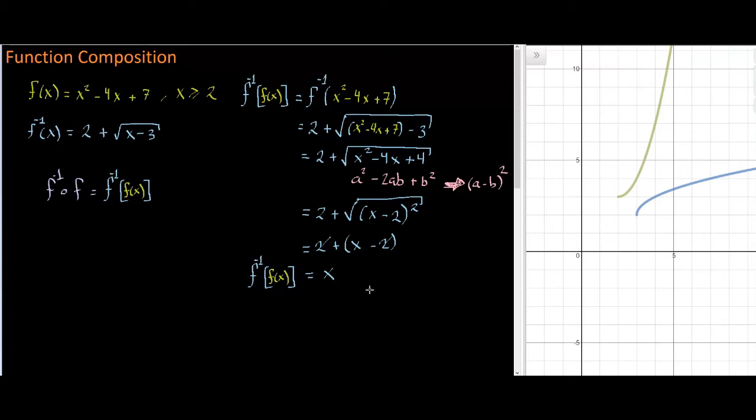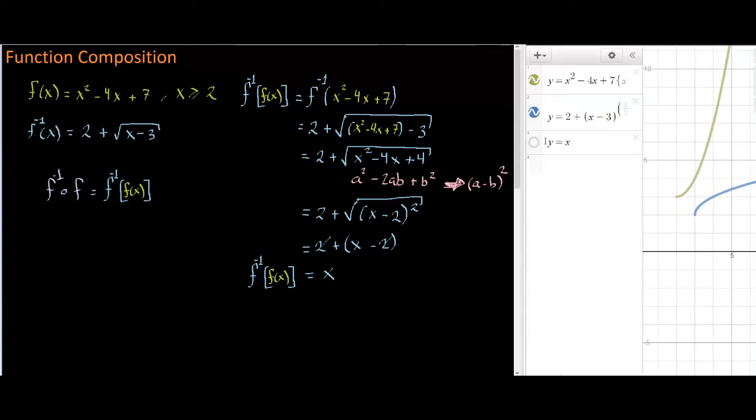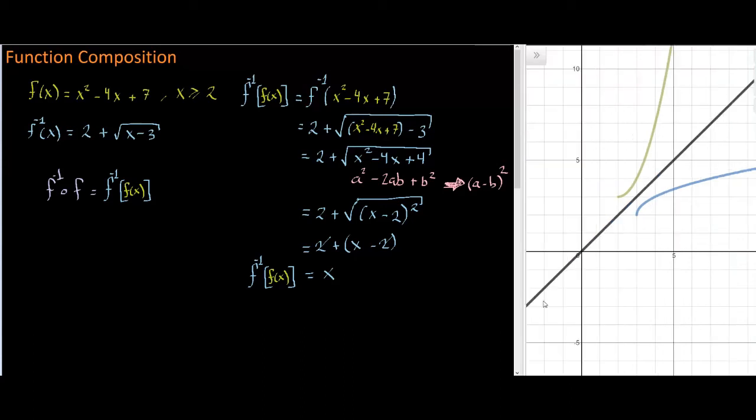Now, hopefully you remember what happened between these two graphs, the graph of f of x and the graph of f inverse of x. This f inverse is reflected through another function, the one I'm going to plot here, y equal to x. y equal to x is the one that separates f of x and its inverse.